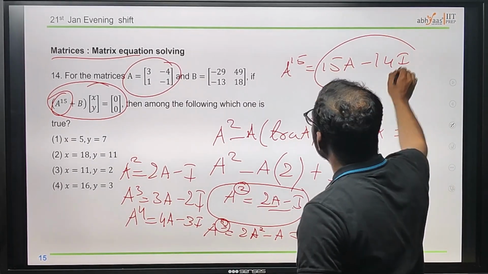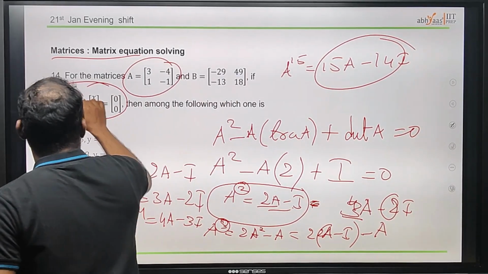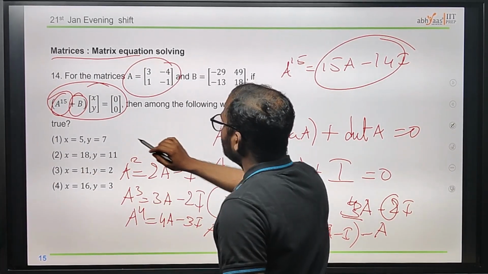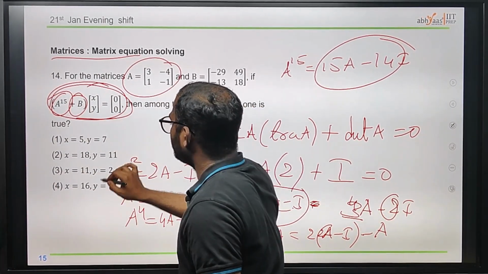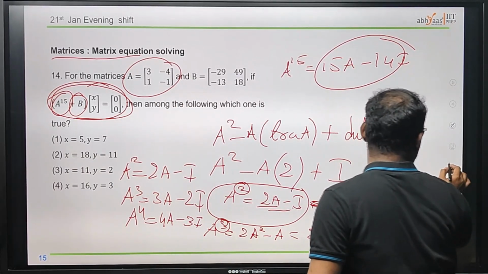Now we got the A power 15 value, just add it with B in order to find the x and y values.